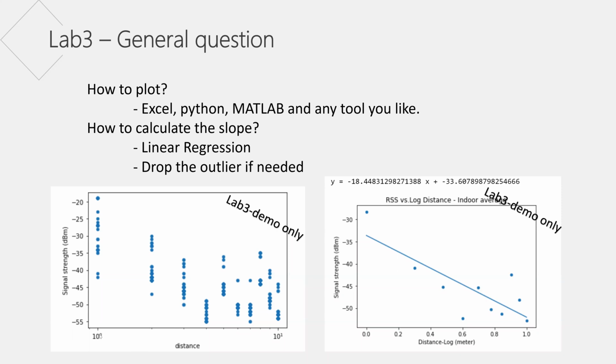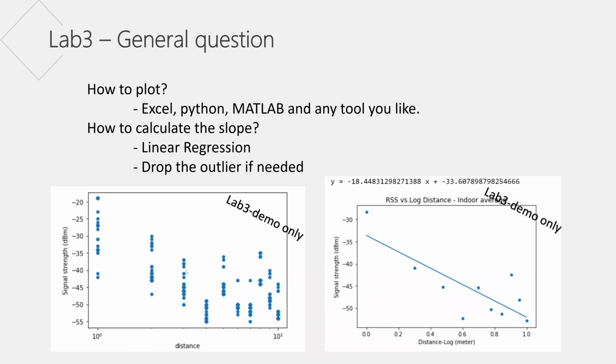You can see the x-axis is the distance after the log calculation, and the y-axis is the signal strength. Is that okay? So here, I plot all the signal strengths on the graph.